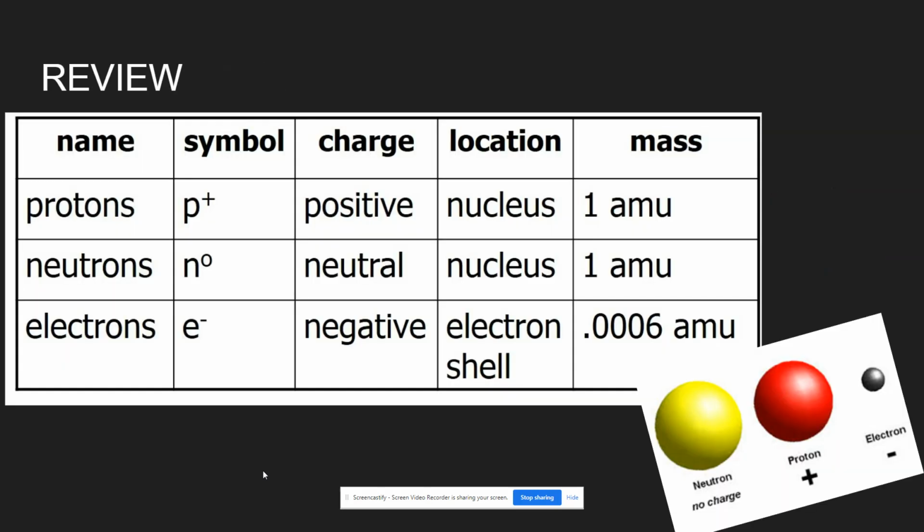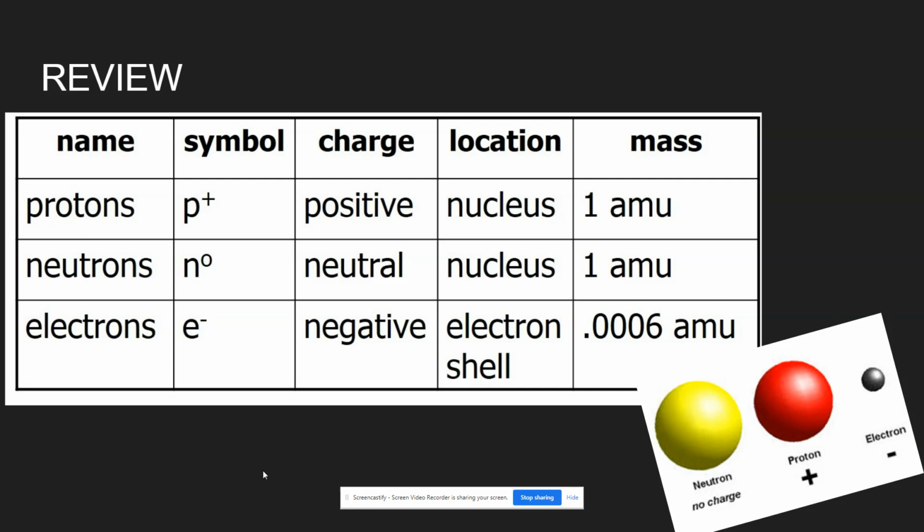Okay, so let's review a little bit. We do have these 3 subatomic particles. We have protons, neutrons, and electrons. And if you look at the little image down on the bottom right, that little image will show you that the neutron and the proton are relatively about the same size. And the electron is pretty much smaller than the 2 of them. Okay?